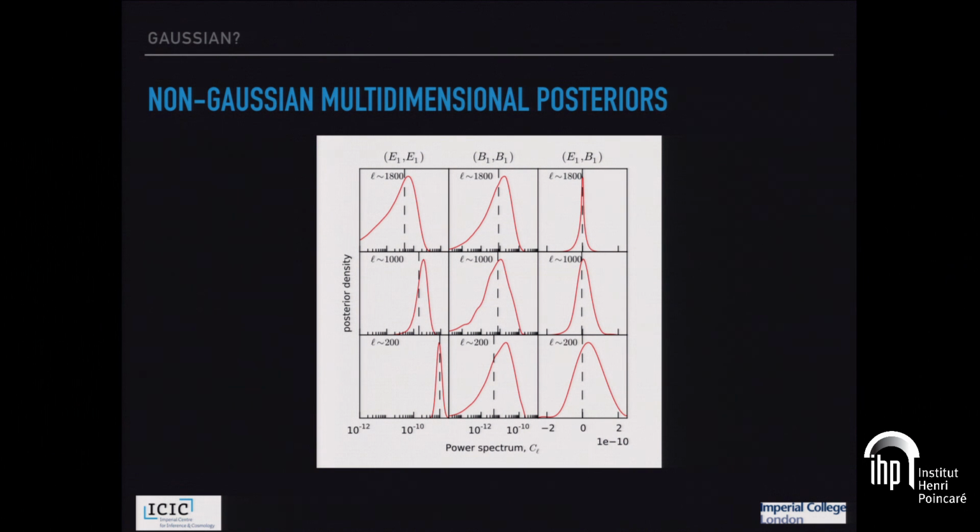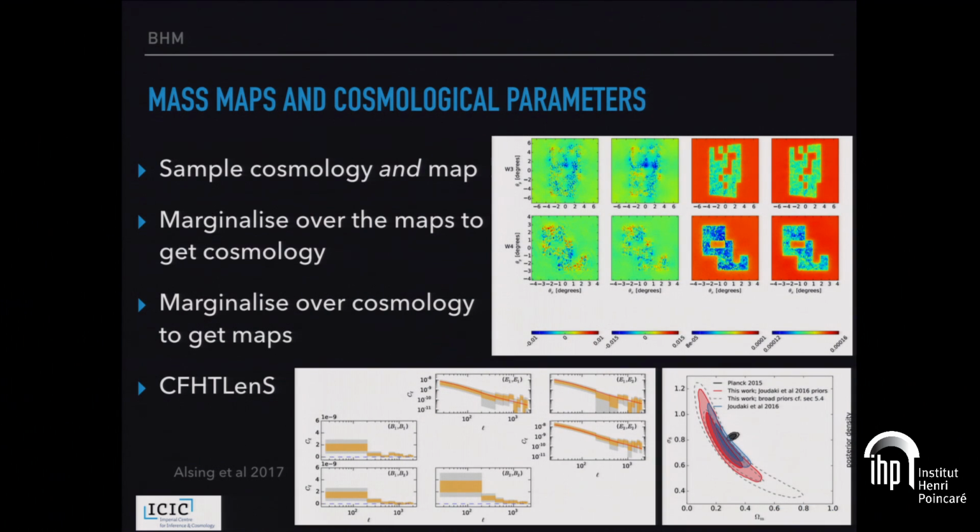So these are some of the posteriors for some of the power spectrum coefficients. One sees that they're not particularly Gaussian. So if one measured, say, a pseudo-CL for something like this, these are not pseudo-CLs, but this perhaps gives an indication that summary statistics would not necessarily be Gaussian, and one might be a bit reluctant to use them.